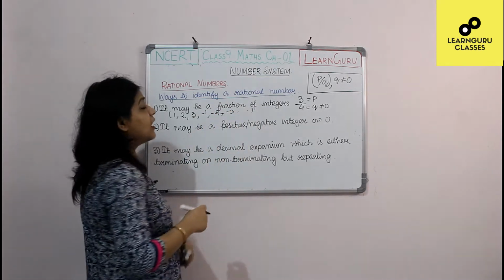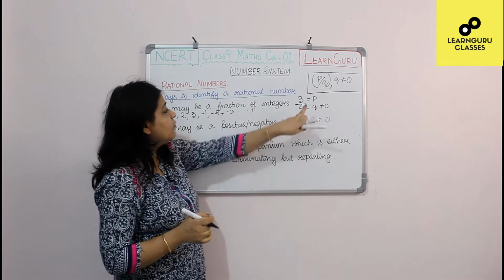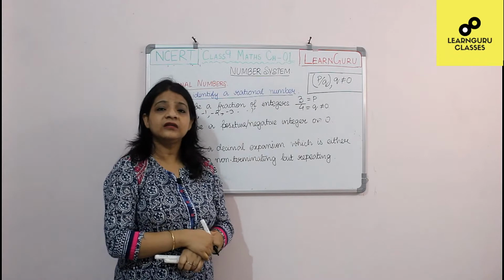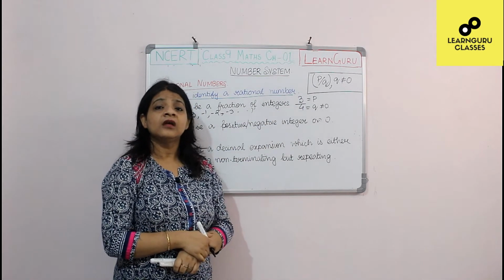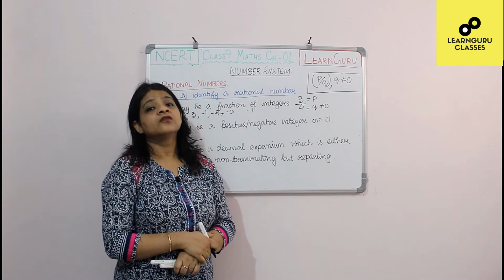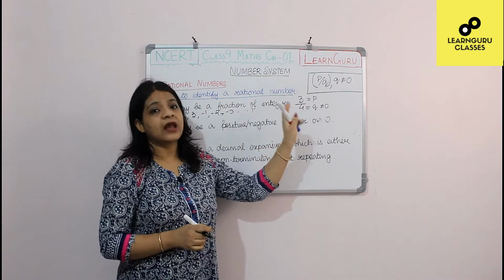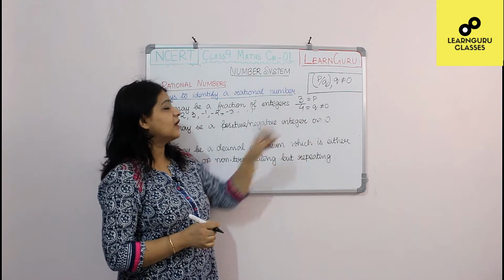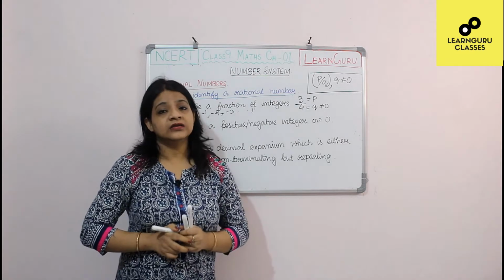These are the positive and negative integers. Is 3 an integer? Yes. Is 4 an integer? Yes. So what can we say? That fractions are rational numbers, and the numerator and the denominator in the fraction are nothing but integers.